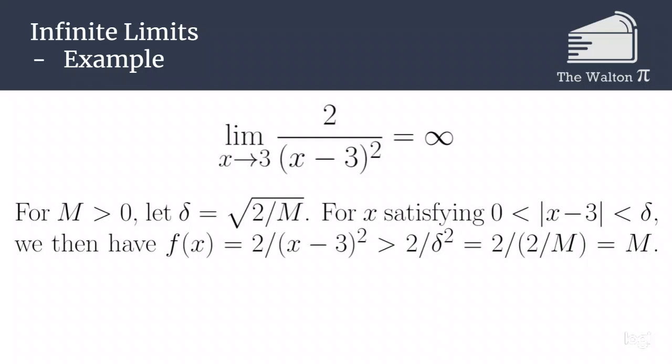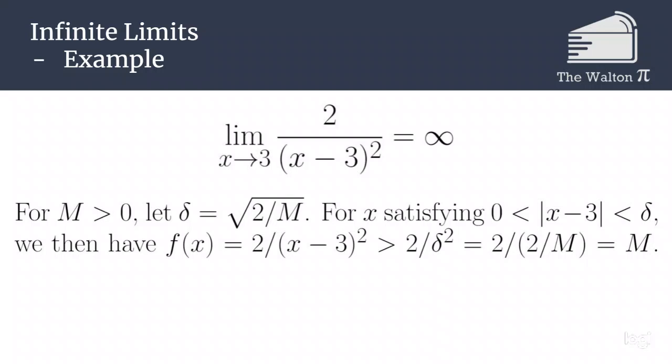So that says that for x satisfying 0 less than the absolute value of x minus 3 is less than delta, so for x's inside our delta neighborhood, we have f of x is equal to 2 over (x minus 3) squared. But the absolute value of x minus 3 is less than delta, so that means that 2 over (x minus 3) squared is bigger than 2 over delta squared, because if we decrease the denominator, that increases the value of the overall fraction.